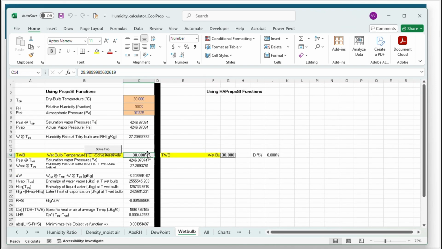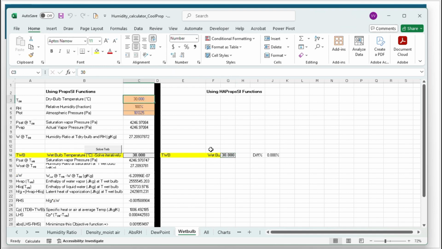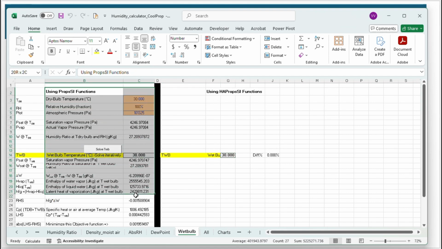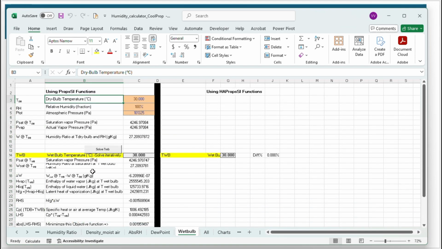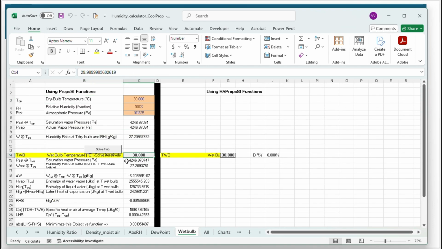Okay. Now, the value here, which is calculated using HAPropsSI, directly does all this optimization and everything for you. So you don't really need to run the solver when calculating using HAPropsSI. Only if you're using the actual thermodynamic principles and step-by-step calculations of energy balance, you need to use the iterative method.